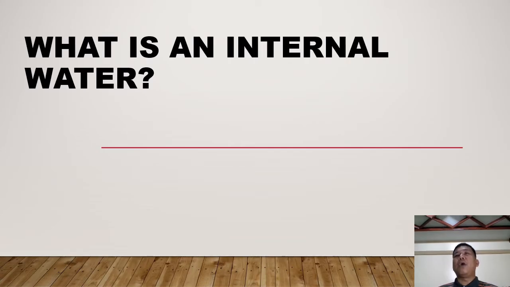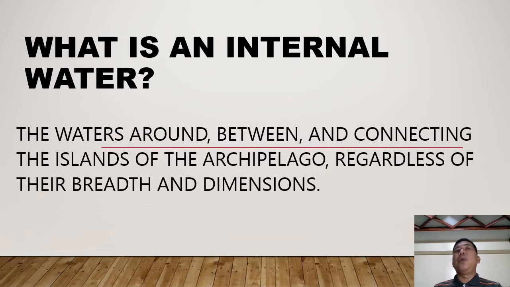Now, out also of the definition given to us in Article 1 of the 1987 Constitution is internal water. So what is this internal water based on Article 1 of the 1987 Constitution? The waters around, between, and connecting the islands of the archipelago, regardless of their breadth and dimensions.